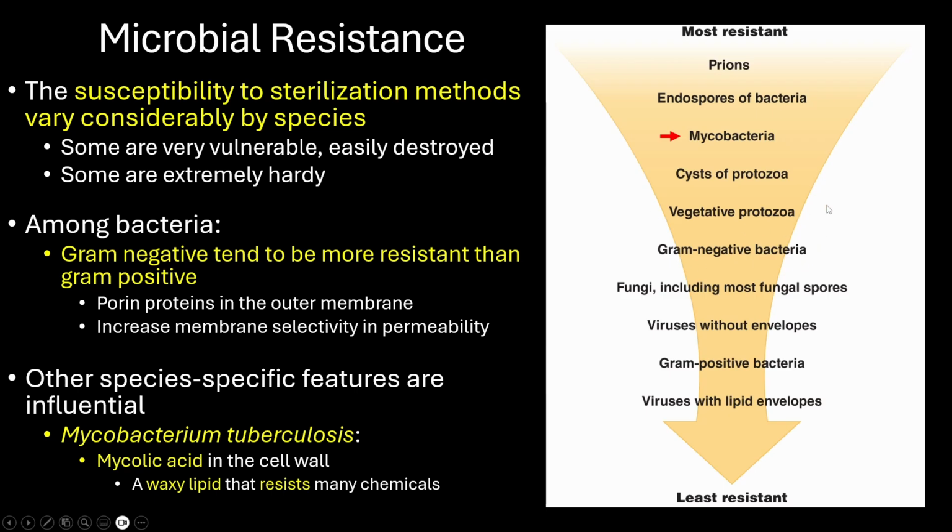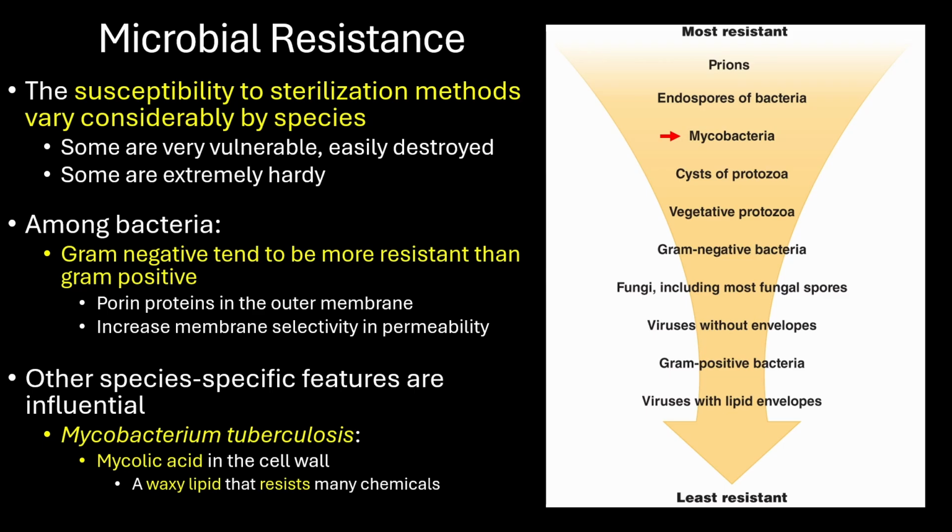Then we have protozoa, so vegetative or just simply active protozoa that are kind of out and about and doing their thing, are generally pretty hardy. Above that, we have cysts of protozoans. So these are protozoans that have, very similar to an endospore forming bacteria, undergone some kind of stress and have triggered their survival instinct where they undergo a cyst formation.